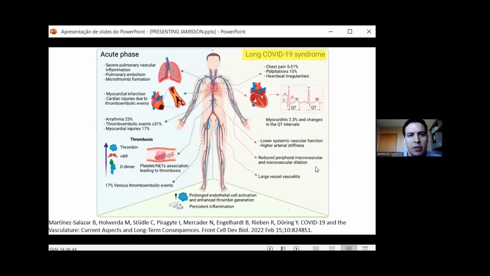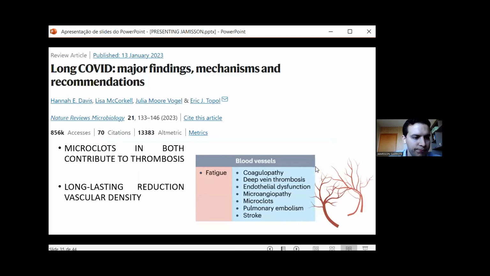It occurs with low systemic cardiac arterial function in long COVID syndrome, high arterial stiffness, reduced peripheral dilation, and large vessel vasculitis, due to prolonged endothelial cell activation, enhanced thrombus generation, and persistent inflammation. So the patient maintains an inflammatory state that could put them in a thrombotic state, causing some kind of episodes like we saw.